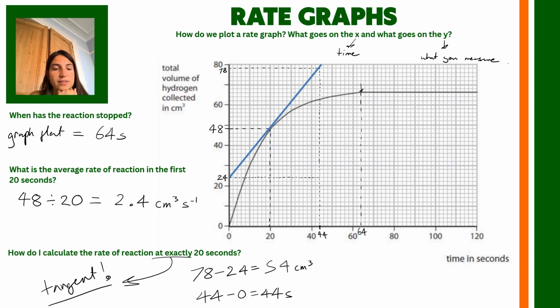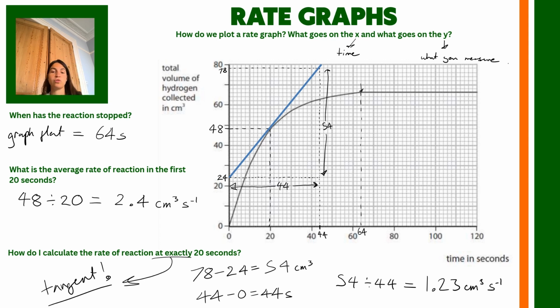And I do 78 minus 24. Remember, that's my change in y. And then my change in x is 44 minus 0. So I do my change in y divided by my change in x. 54 divided by 44 is 1.23 centimetres cubed per second.